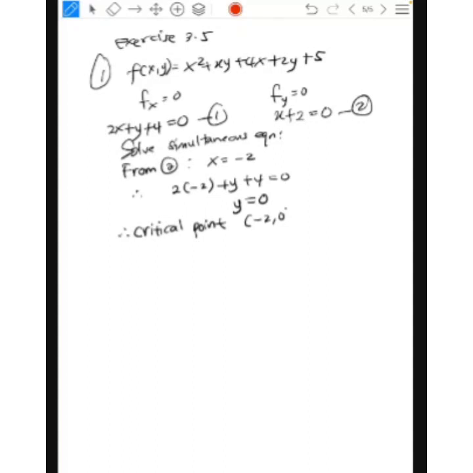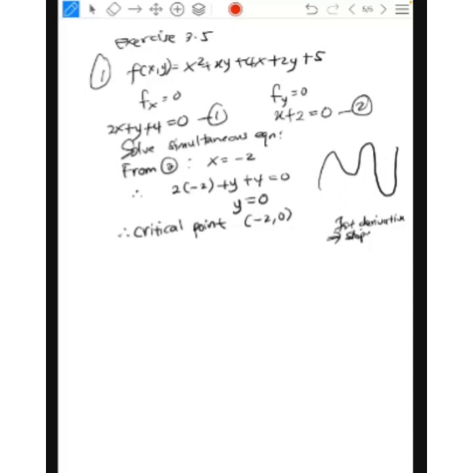Okay, why do we equate it to zero? Because, for example, let's say you have somehow this curve. The fx is the first derivative, the first derivative is a slope. Slope is gradient.